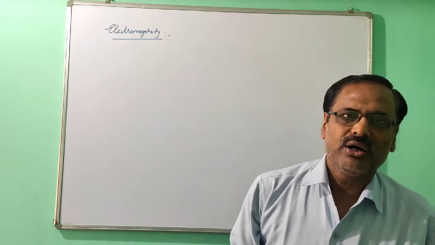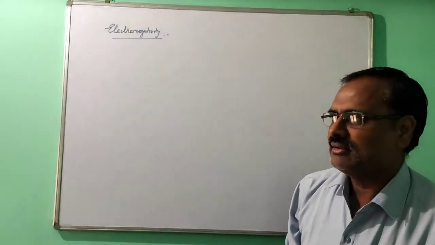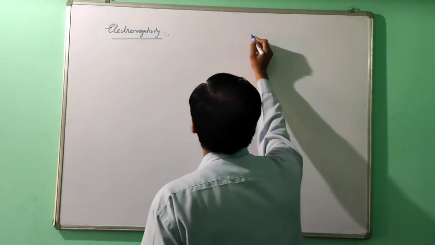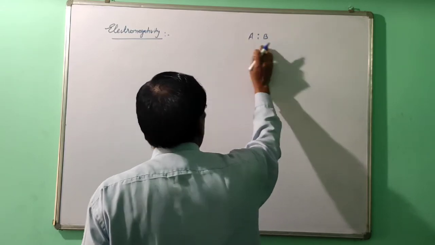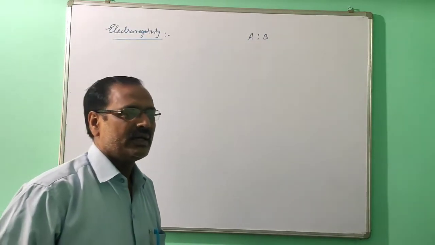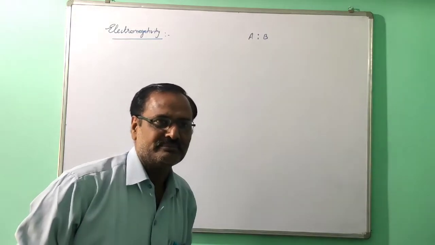Those were given for an isolated atom, but this one is given for a bonded atom. Just see, a covalent bond is there, and atom A and atom B are both in bonding condition. So for the bonded atom, electronegativity is given.